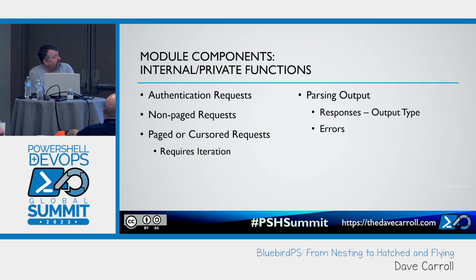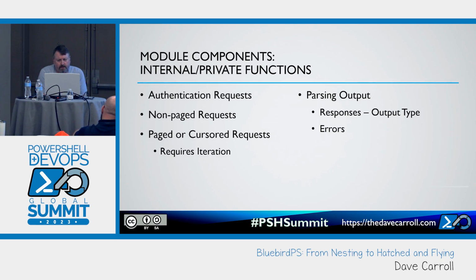The next thing is you need to parse your output. Any responses that come back, you should consider having an output type for your particular command. Also, errors are output as well. So you should produce proper error records, throw proper exceptions that will help the user figure out what they did wrong, or potentially figure out a bug that you actually created yourself.